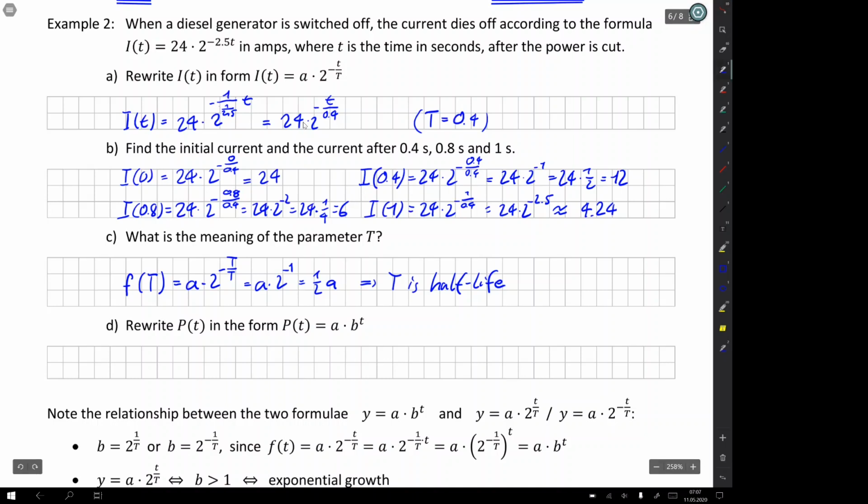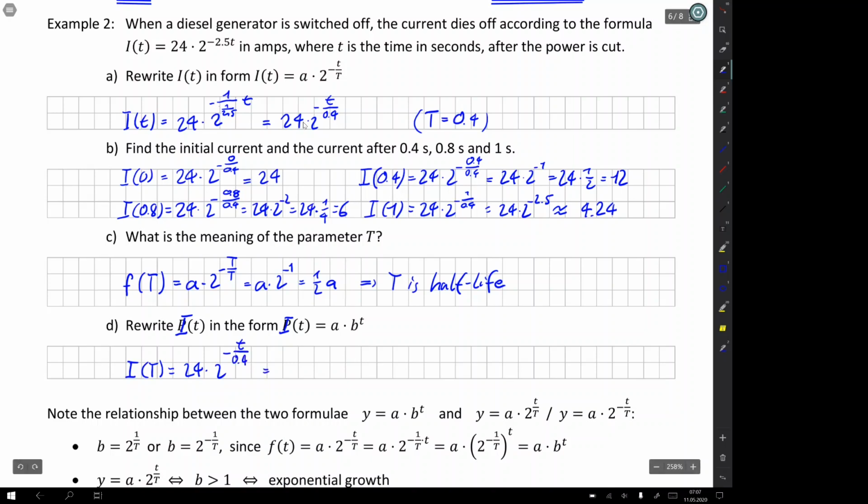Let us rewrite our formula I of t in the form a times b to the power of t. So we have I of t is 24 times 2 to the power of minus t divided by 0.4.